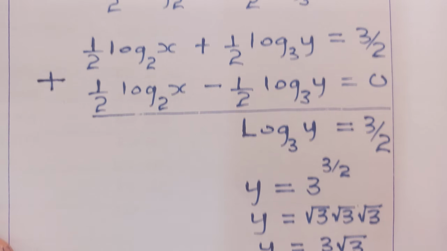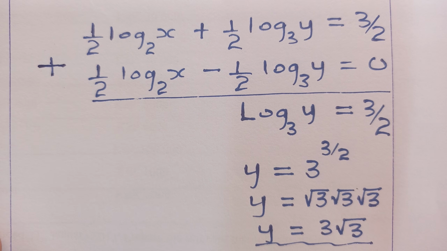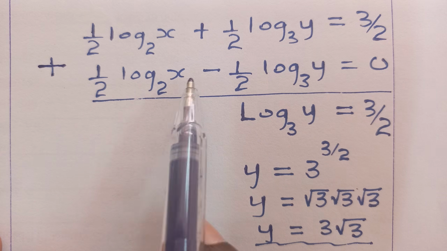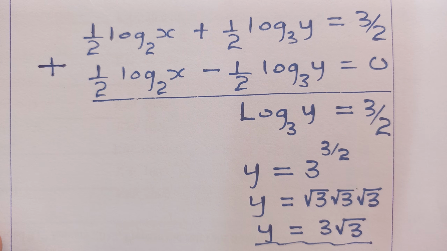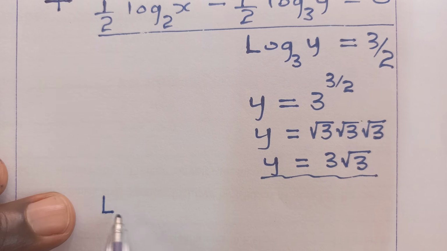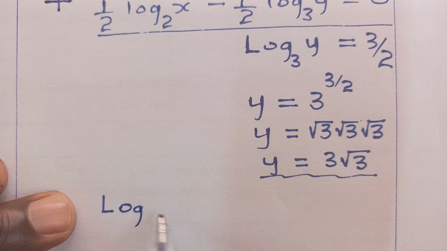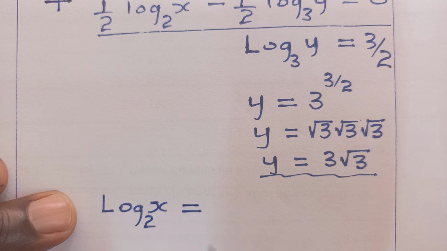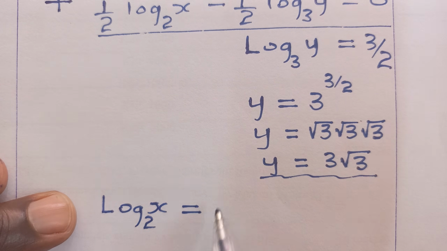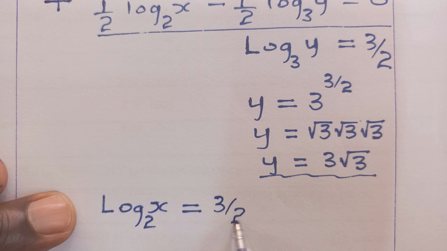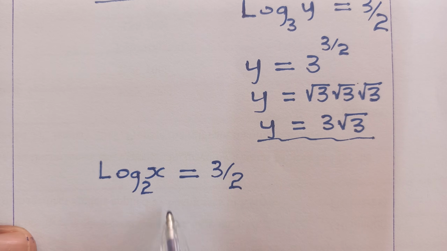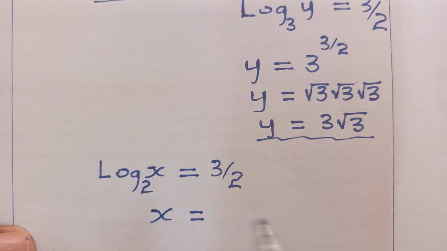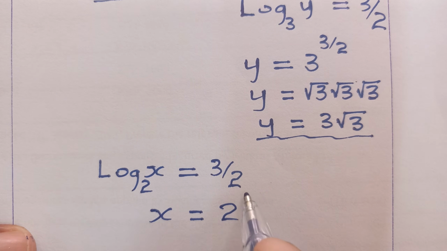And so we shall have log x to base 2 plus log x to base 2, which becomes log x to base 2, now equal to 3 over 2 plus 0, which is 3 over 2. Changing to indices form, you have x equals 2 raised to 3 over 2.